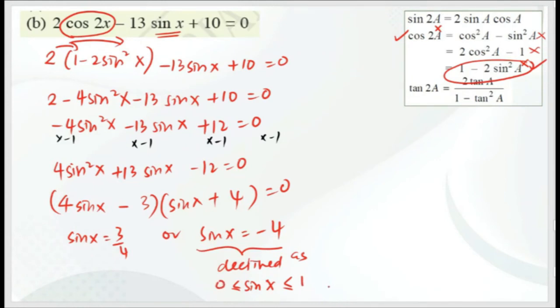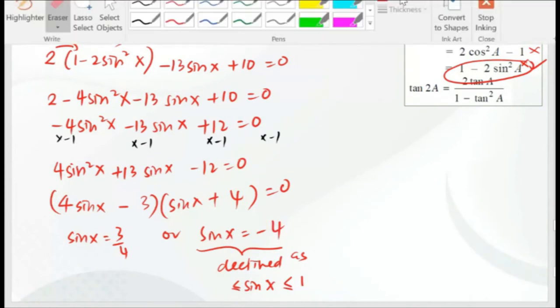The value for sine x in between 1 and 0. I think it's in between 0 and negative 1. Sorry, the mistake here. Negative 1.